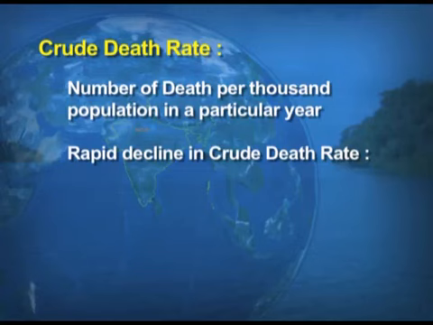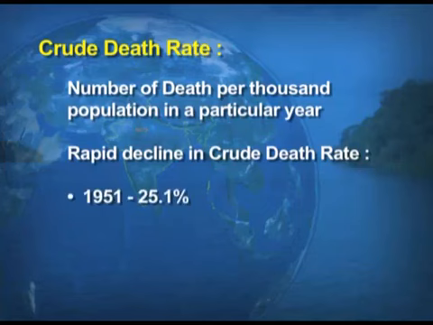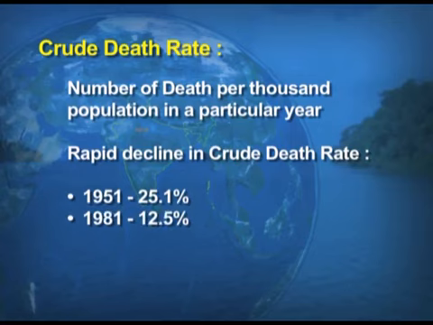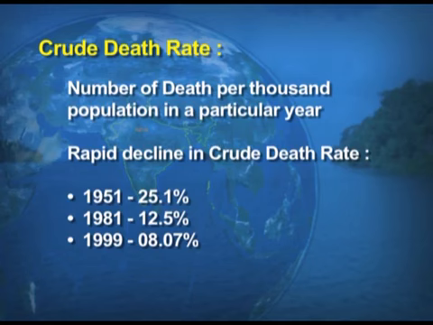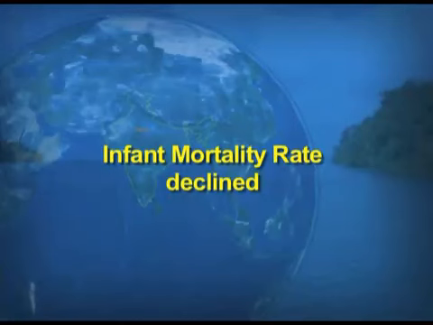If you look at the statistics on your screens, you can see in the year 1951, the death rate was 25.1%. In 1981, this reduced to 12.5%, and further in 1999 there was a fall in the death rate and it came down to 8.7%.